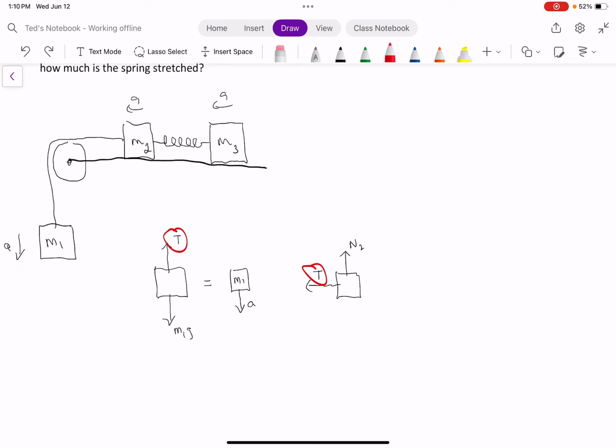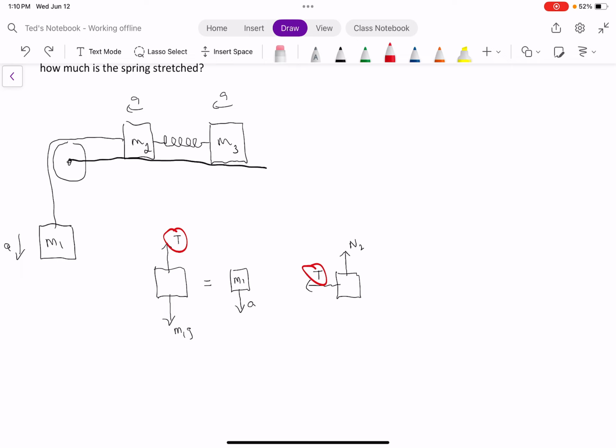So what that means is that the tension force pulling here and the tension force pulling here are the same. This is not Newton's third law because this is the string pulling on block 2 and this is the string pulling on block 1, and those don't follow the pattern for Newton's third law. But it's still the same force. That tension force is the same on both.